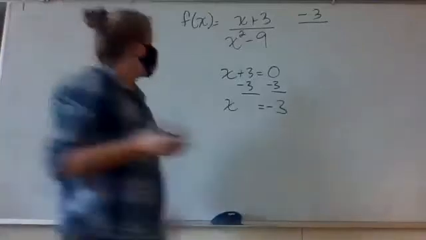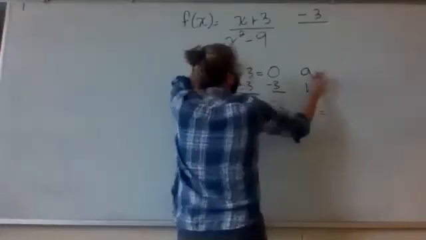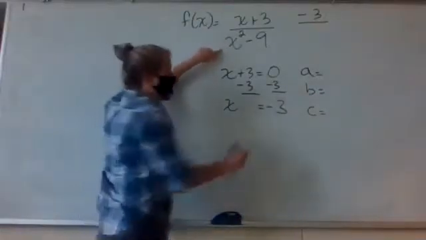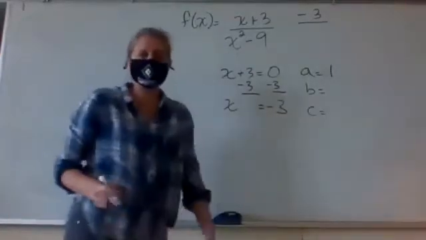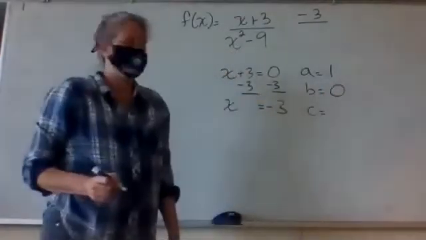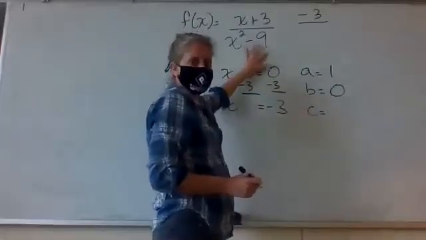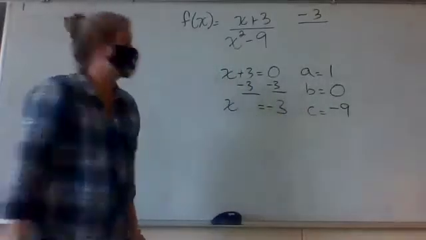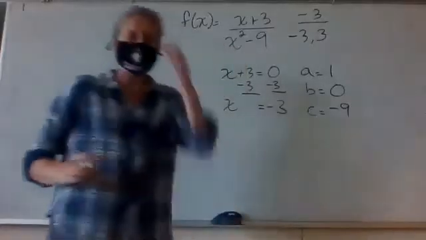If I put that in my quad program, my A, B, and C, A is the number in front of x squared, so it will be 1. B is the number in front of x. Since there is no x, your B would be 0. And then C is your constant, which is -9. You put that in your quad program and solve it, you'll get -3 and +3 as your two zeros.